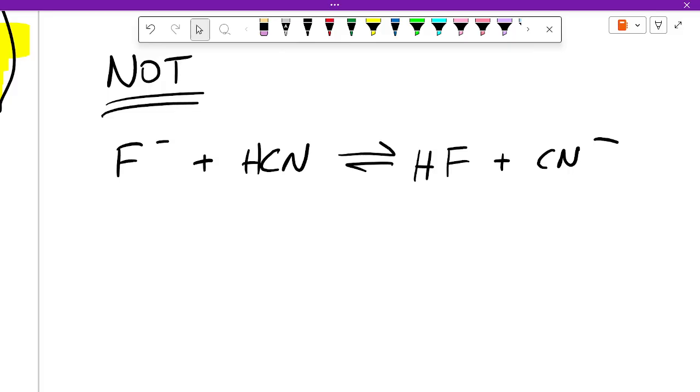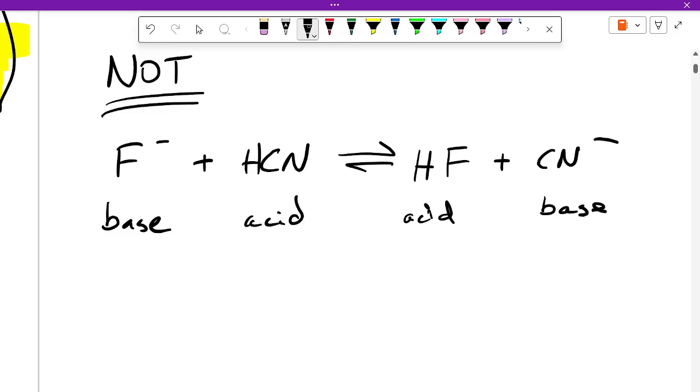Yeah, you would name which one was the acid and base. So this is the base, this is the acid, this is the acid, this is the base. What else did we do with it? Yeah, we would see which side is favored, exactly, right?